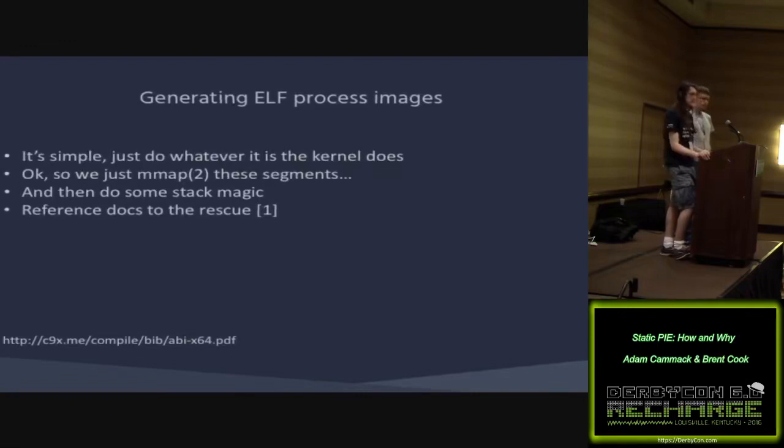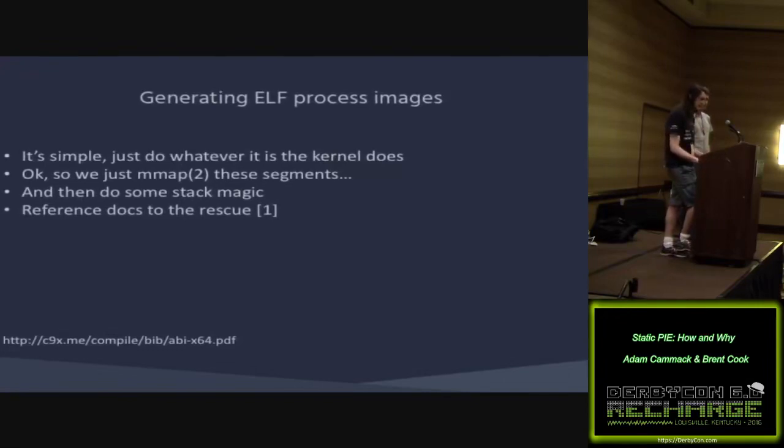So we just have to do whatever the kernel does whenever it does its magic to load executables, which is lots of magic. Luckily, some of it's documented in the System V Release 4 ABI, which tells you exactly how you should set up the stack and all that you need to do to make binaries happy and run themselves.